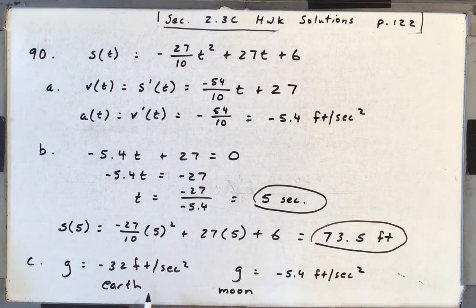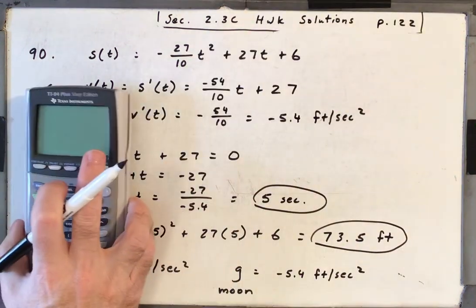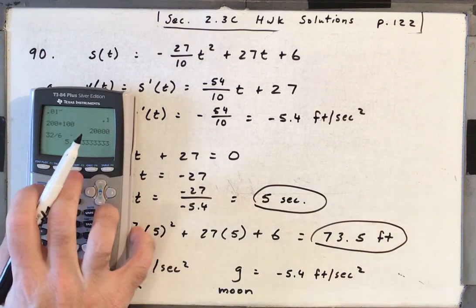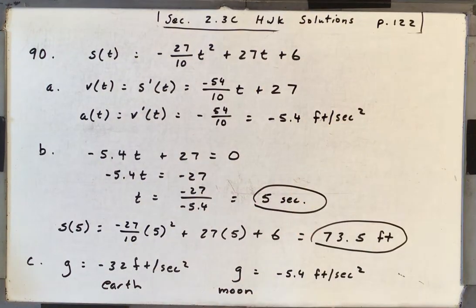The moon is roughly 1/6 the mass of the Earth, so the acceleration due to gravity has to do with mass. If you divide 32 by 6, you'll get pretty close to 5.4, 5.33. So that makes a lot of sense.